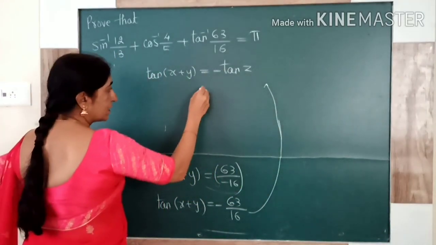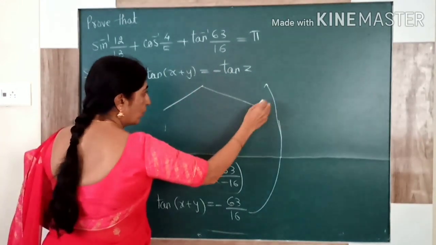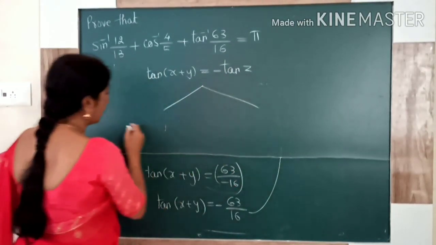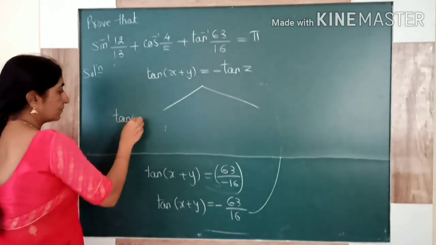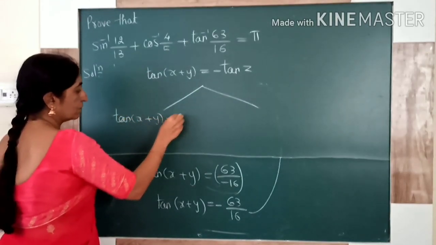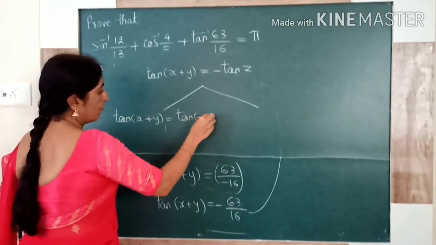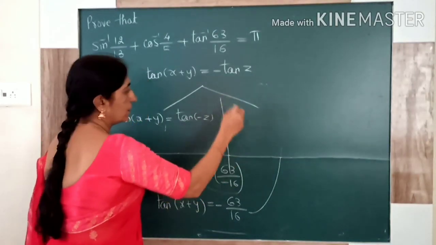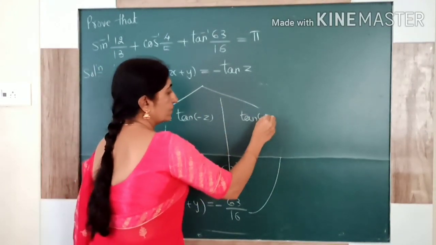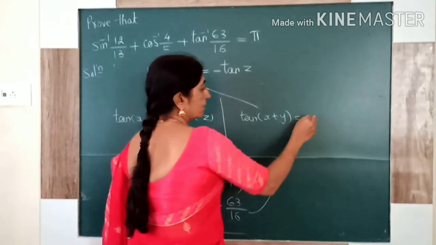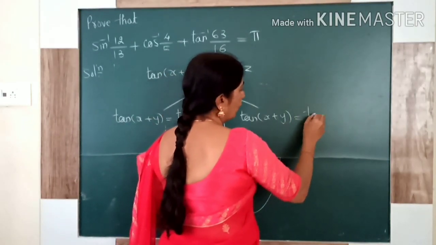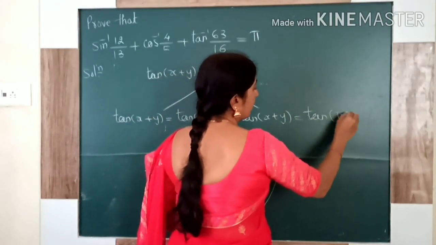Now, this minus tan z will be written with the help of allied angle, if you are thorough in the allied angle. Tan of minus z or tan of pi minus z.